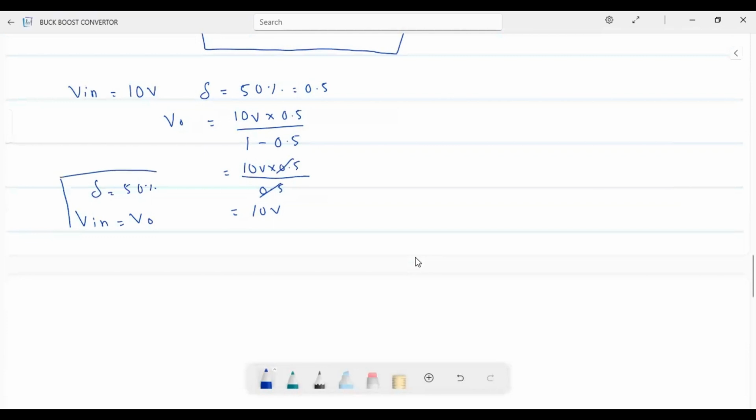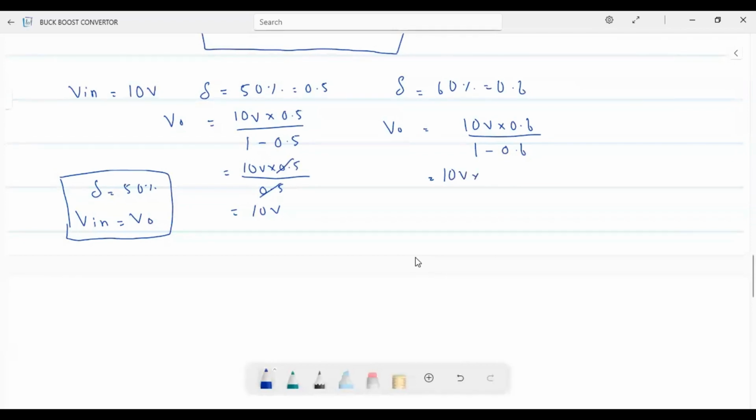That is, for a buck boost converter, when your duty cycle is 50%, V input and V output will be the same. Next, we will take a duty cycle of 60%, for example, that is 0.6. So what will be your V out? V out is equal to 10 volt into 0.6 by 1 minus 0.6.